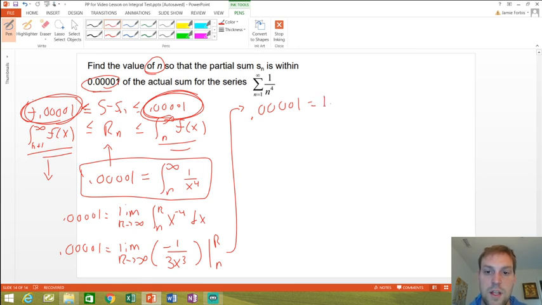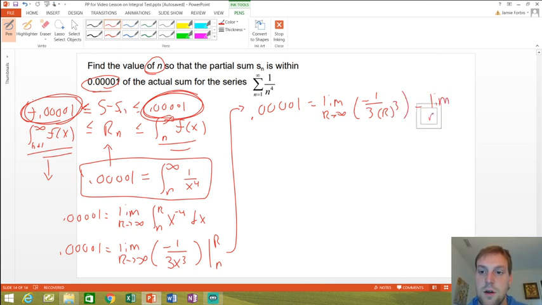All right, I'm going to do the limit as r approaches infinity of negative 1 over 3 times r cubed, minus the limit as r approaches infinity of negative 1 over 3n cubed.